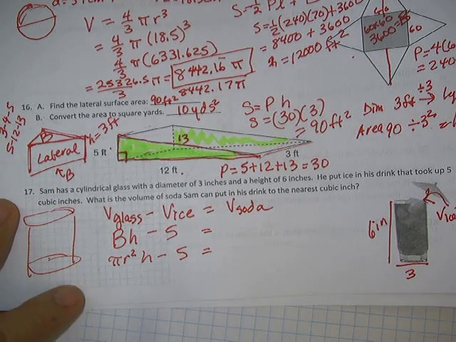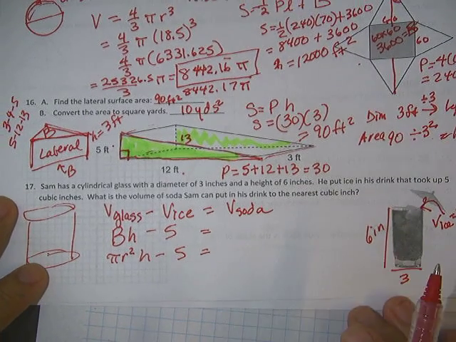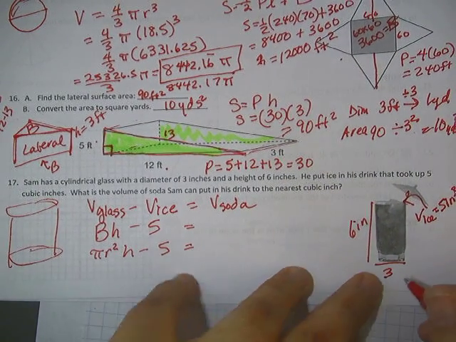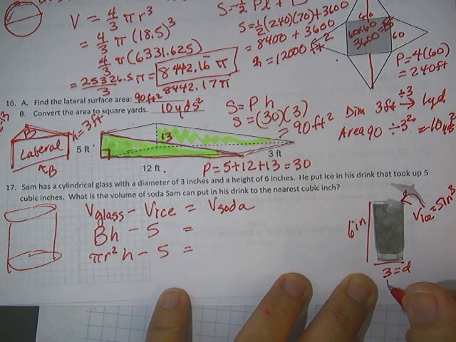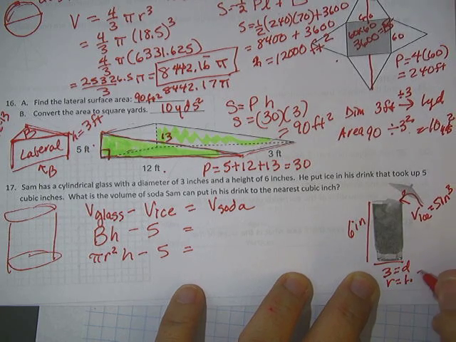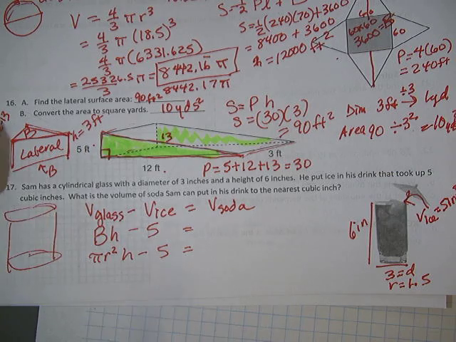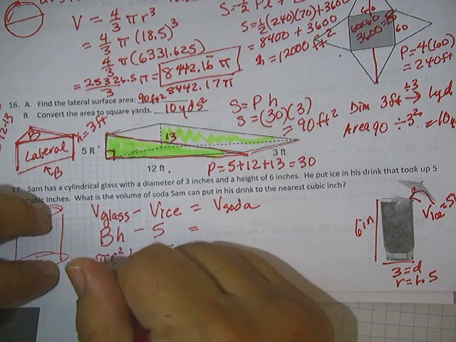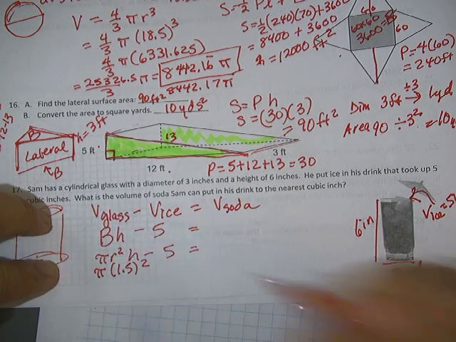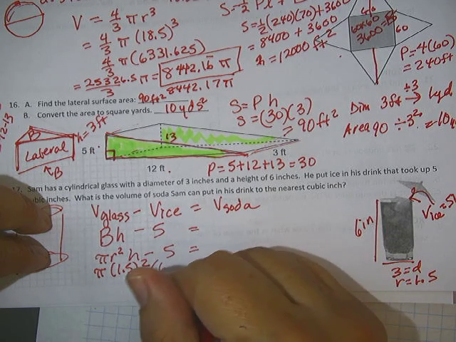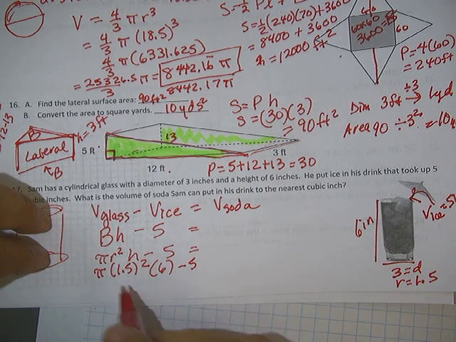Do I know the radius? Well, I know the diameter is 3, so the radius has to be half of that. Half of 3 is 1.5. So pi times 1.5 squared times 6, all minus 5.